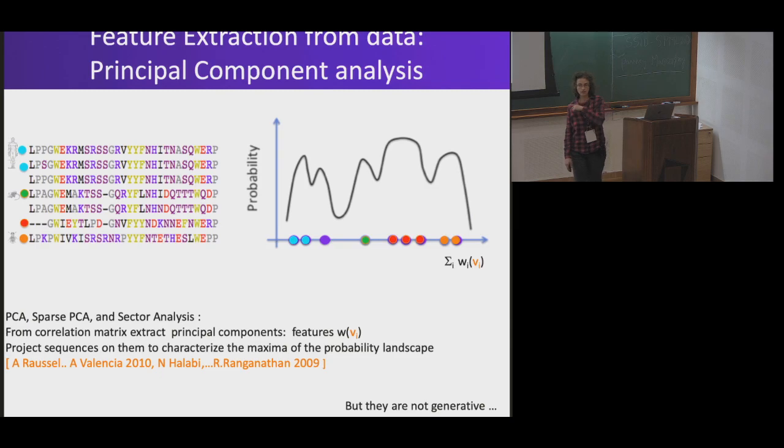So in the case of principal component analysis, they just extract the few, 1, 2, 3 principal components. And I will show that in the case of RBM, by imposing sparsity and so on, you extract a number of principal components which is much larger, of the order of the number of sites in the protein.